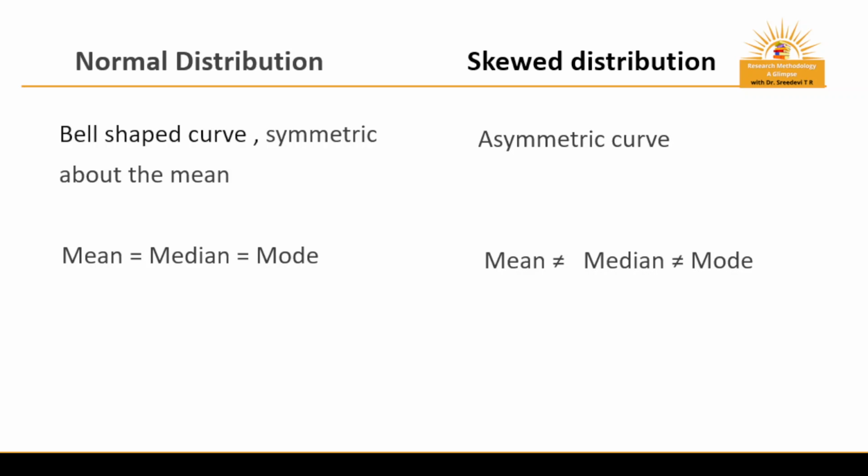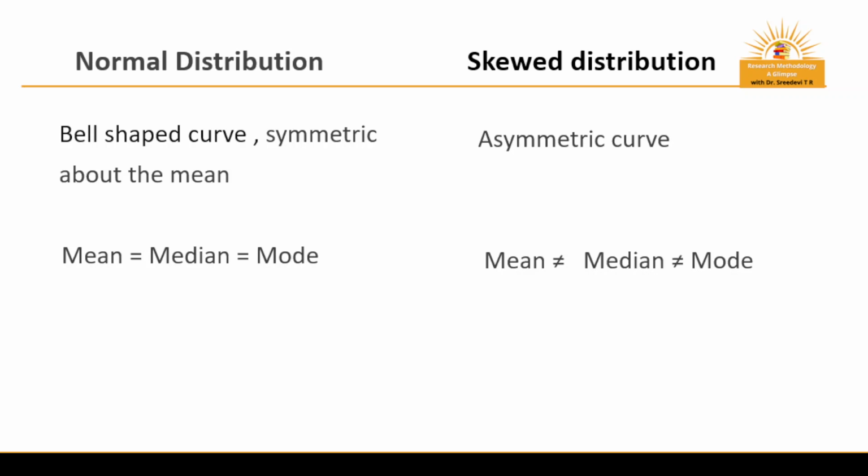Variables like income, lifespan, age of death, stock market returns, scores in play activities, cricket scores, exam scores may be skewed.